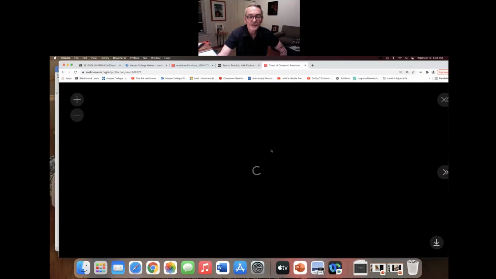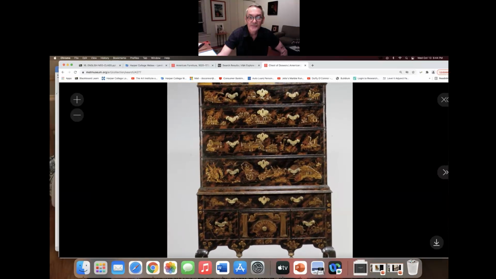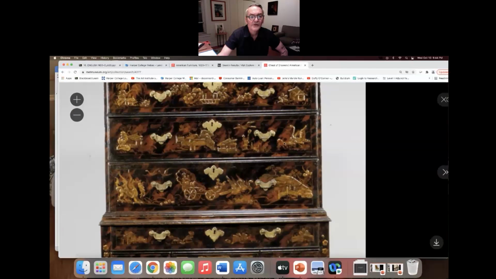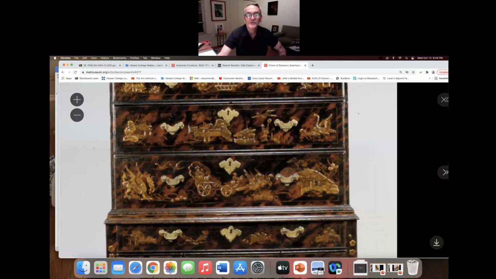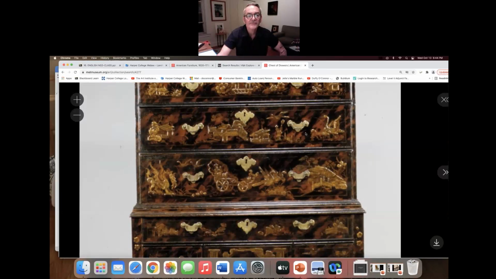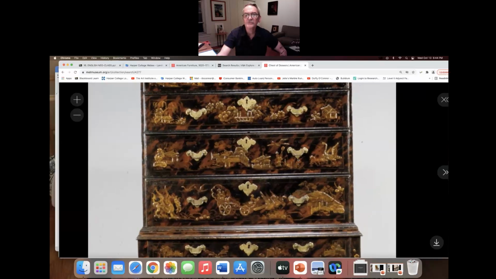So it looks like an example of chinoiserie in America. Chinoiserie is when European designers would add Asian motifs or techniques that they were aware of.